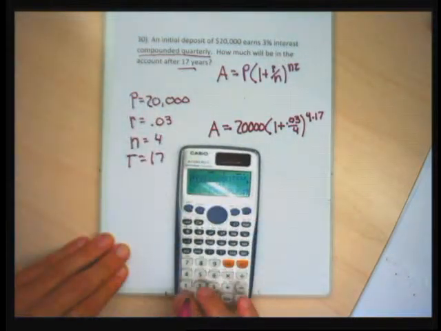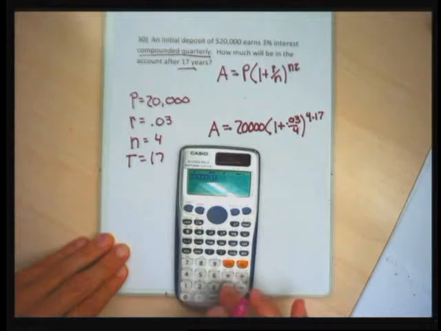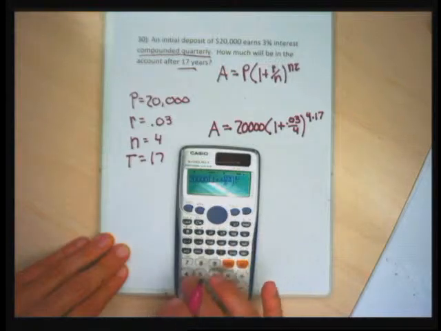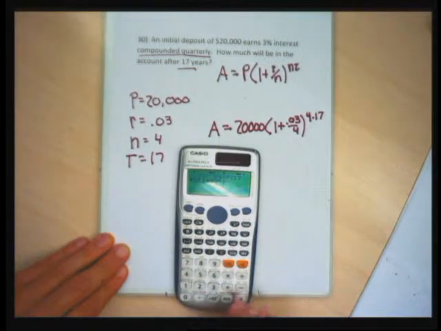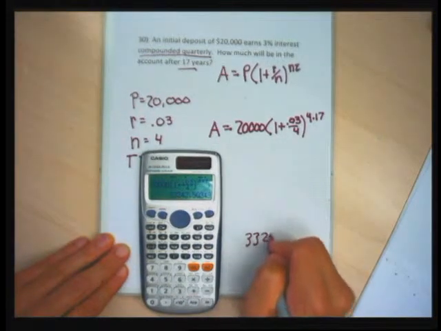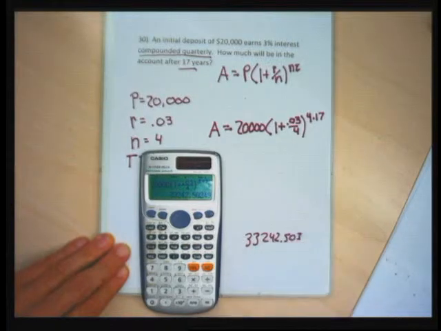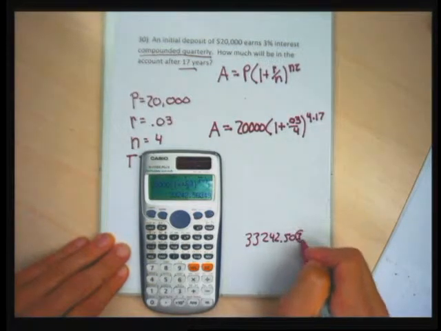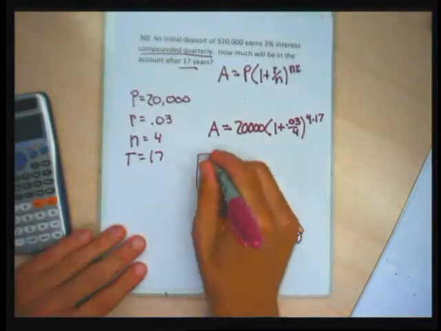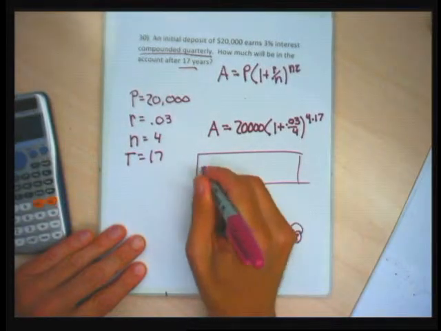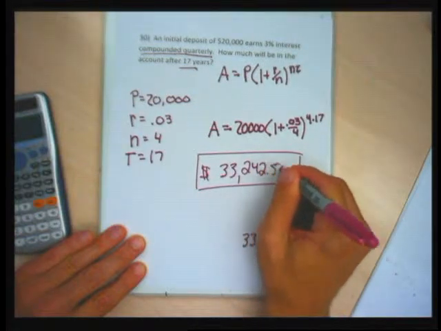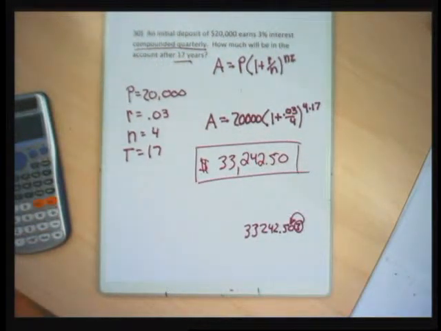So now 20,000 times 1 plus fraction 0.03 over 4, exponent 4 times 17, and I get $33,242.50, and then 0.503. This 3 tells me I just leave that at 50 cents and I don't round it up to 51 cents. So my answer to problem 30 is $33,242.50 is how much money I'm going to have after 17 years.